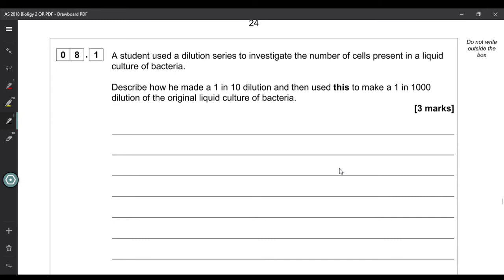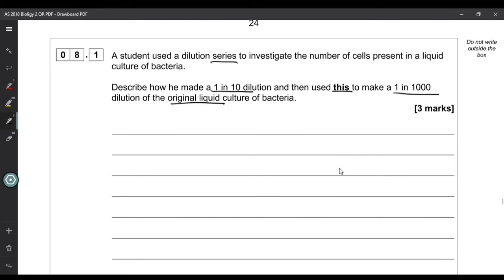So it says a student used a dilution series to investigate the number of cells present in liquid culture bacteria. Describe how he made a 1 in 10 dilution and then used this dilution to make a 1 in 1,000 dilution of the original liquid culture.